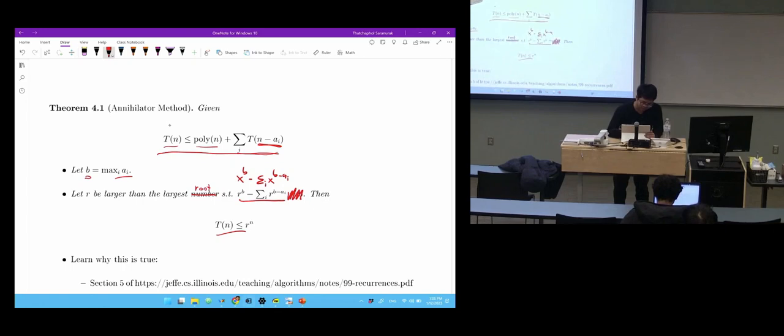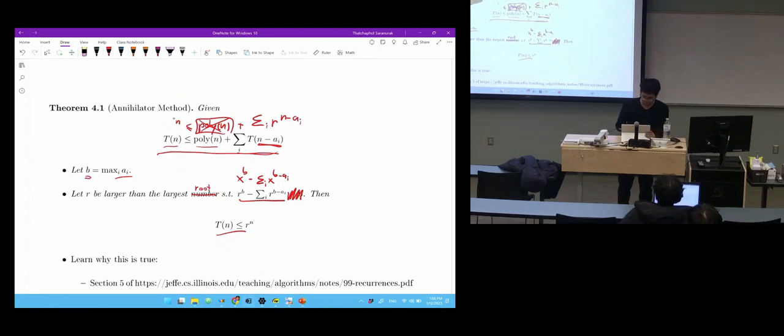Now it's just about what is the base R that you want. If you guess that it should look like R to the n for some R, you get a poly(n), and this is just the sum of c_i times n to the a_i. Now poly(n) here is negligible compared to the exponential thing, so let me ignore that.